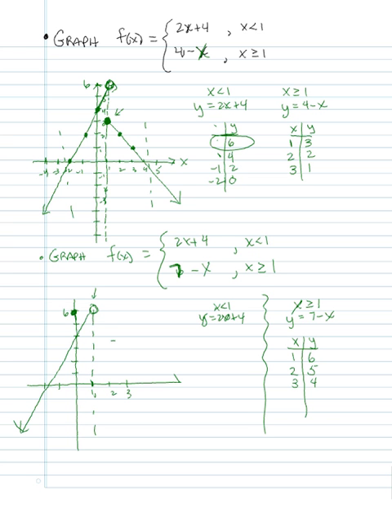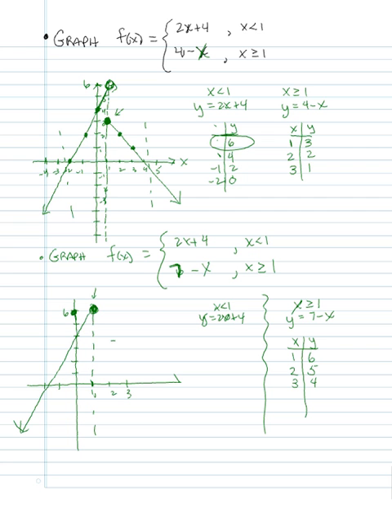That's that position right there. Now when we graph the left part of this, that is the 2x plus 4 for x less than or equal to 1, that hole was there. But when we go back and graph this time, when x is 1, y is 6, and so we actually have that point on the graph based on the second part of the function, 7 minus x whenever x is greater than or equal to 1.